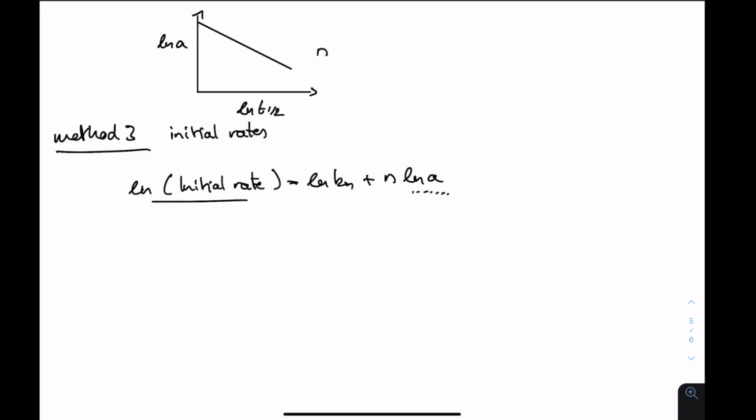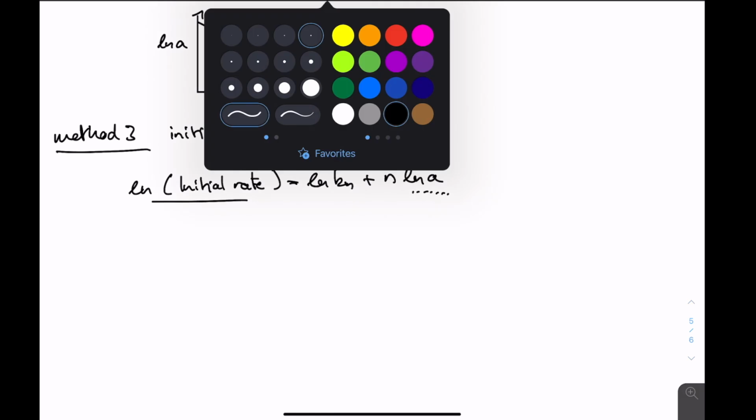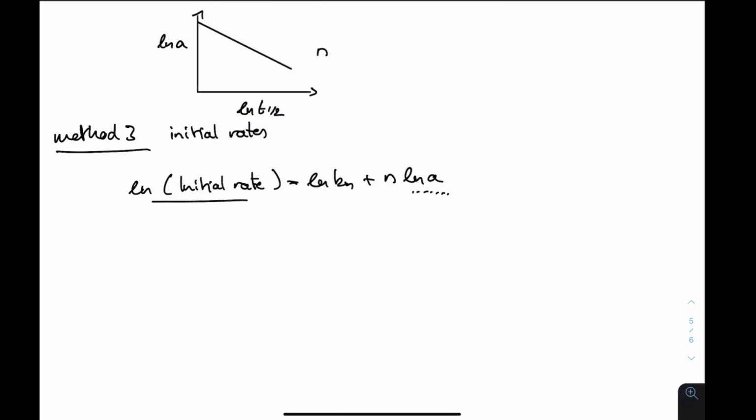Okay, so let's just on the side consider a reaction, or an equation, we looked at before.